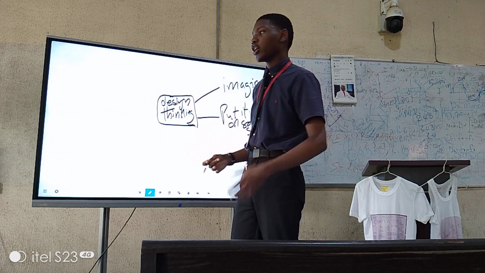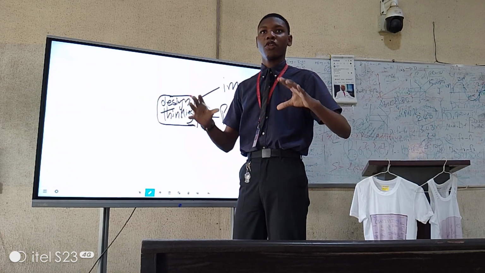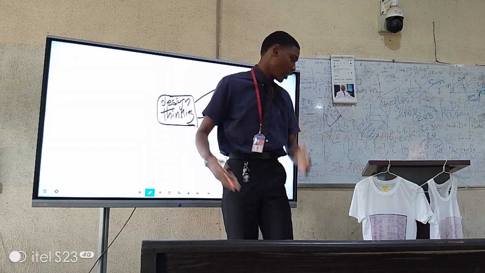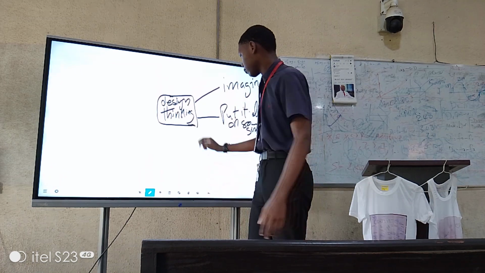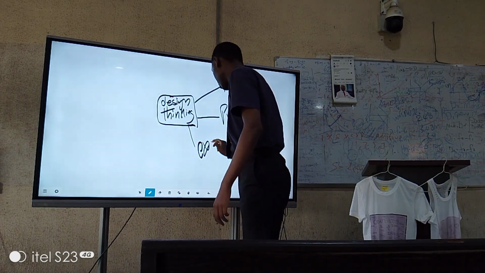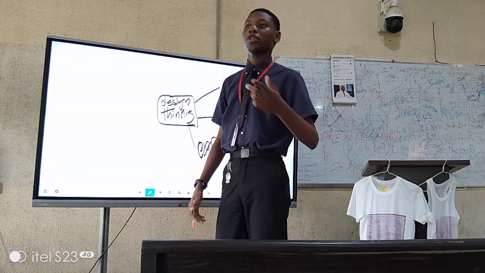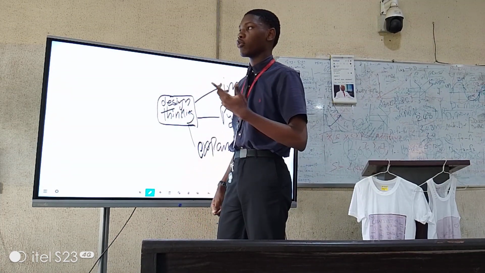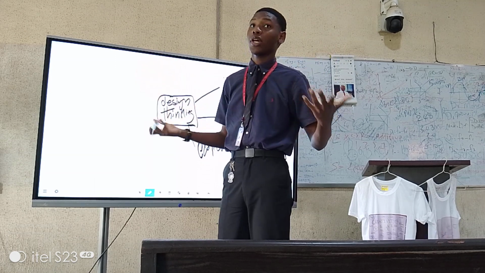Then expand it, because now that you have it on something like an envelope, you can expand and create something like this, or a t-shirt or stuff like that. And adapt, because after expanding it and showing your design, not everybody will like it.